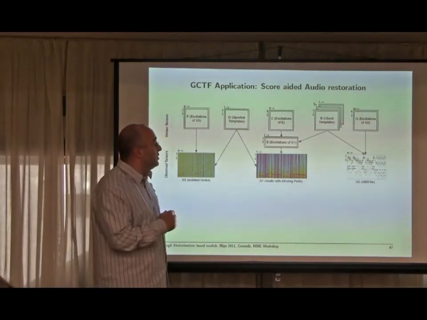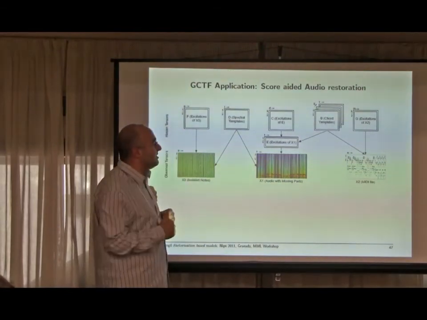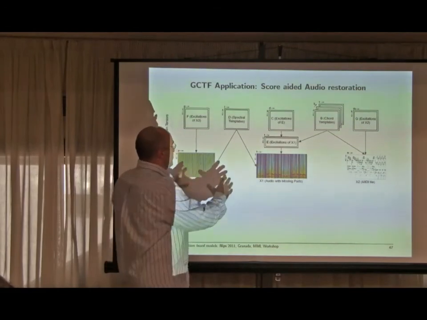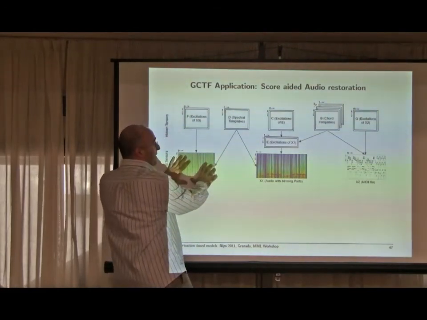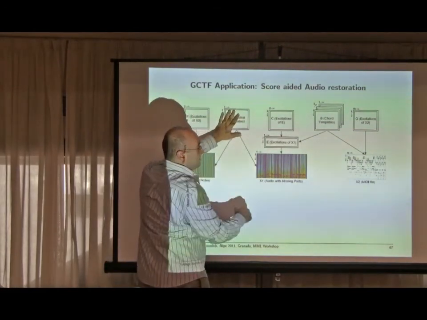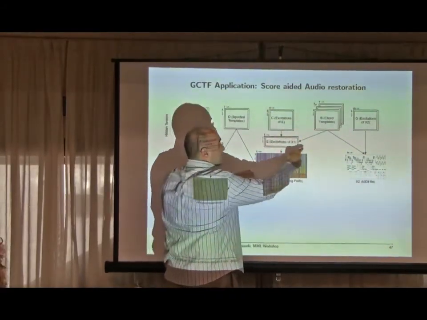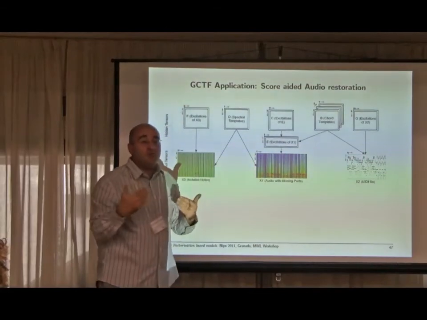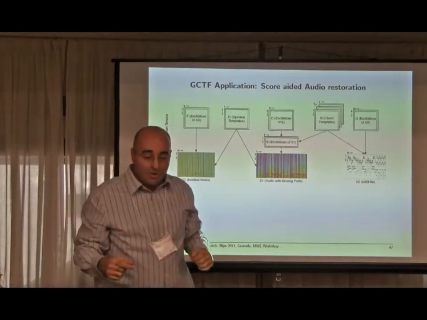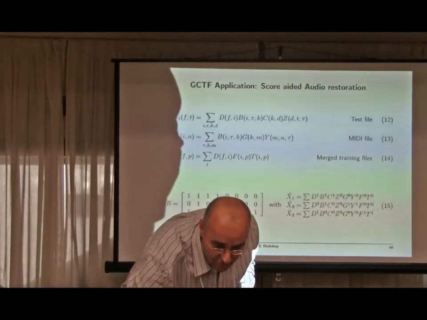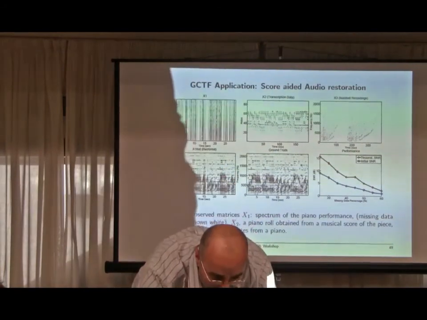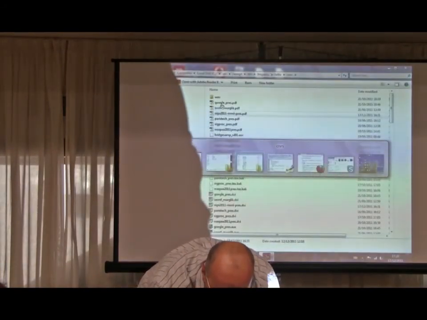I don't want to go into details of that, but in some sense this data is providing side information to the spectral templates, and the scores are providing side information to excitations, which hopefully should correlate with the scores. So when we do this and then run the general update rules.